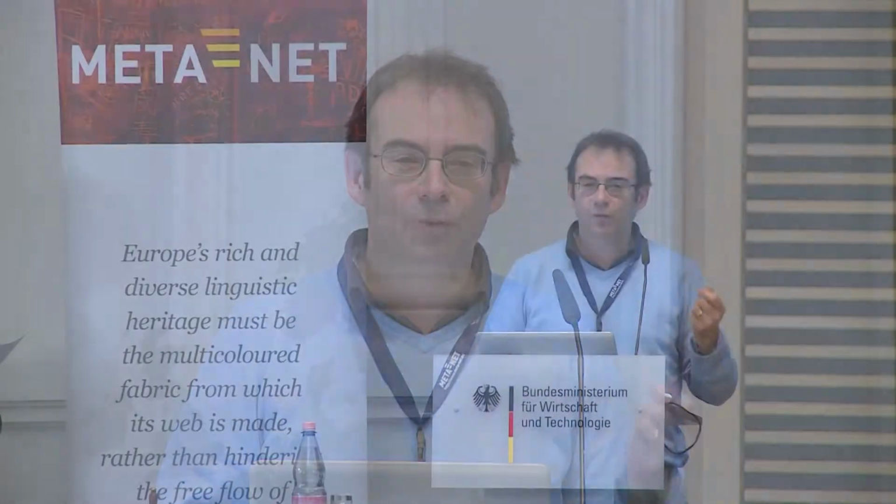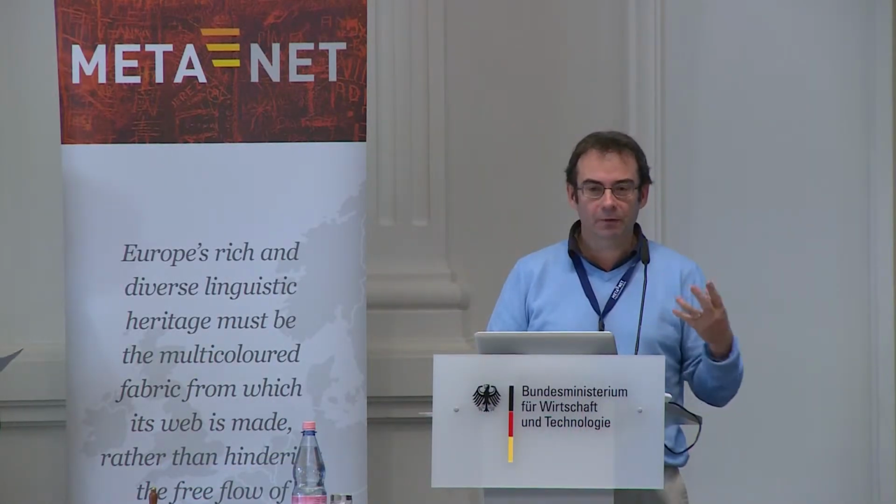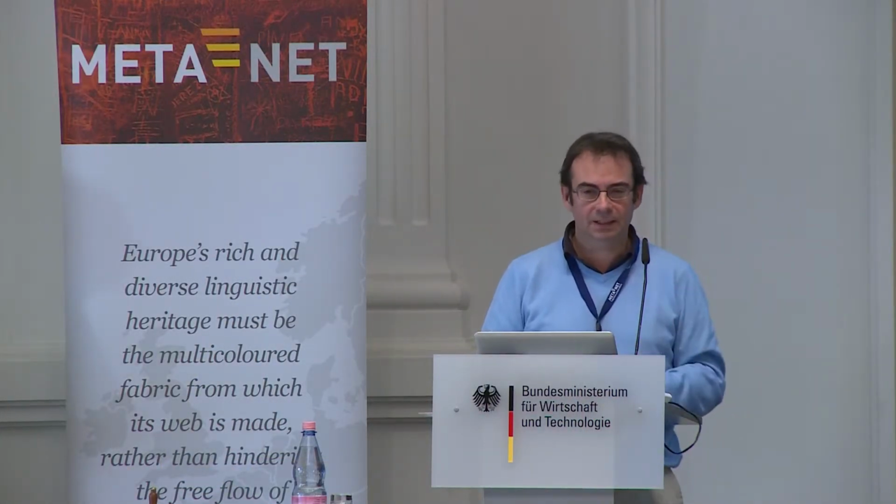And also we have a new FP7 project called Falcon, which is an SME focused project looking at how we can leverage linked data in real-world localization value chains, both for end-to-end process monitoring across those complicated value chains, and also for curating language resources for retraining language technology components, machine translation, etc.